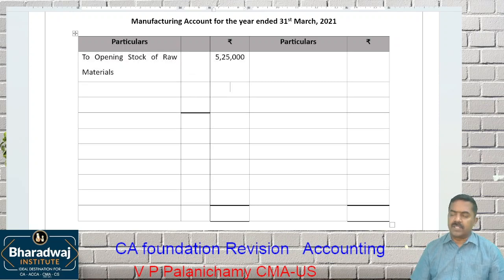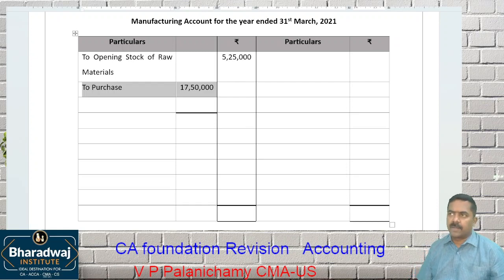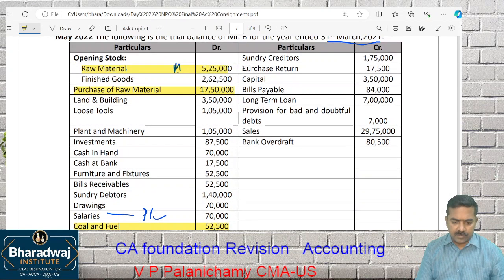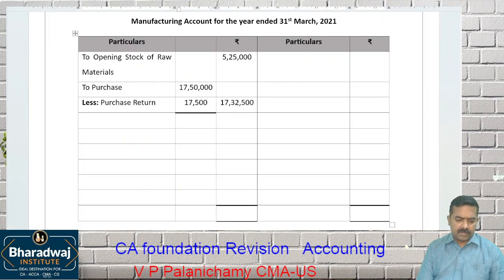5,25,000. Purchase of raw material minus returns. The purchase returns will be adjusted with purchases. What are the other expenses that will come in the manufacturing account?